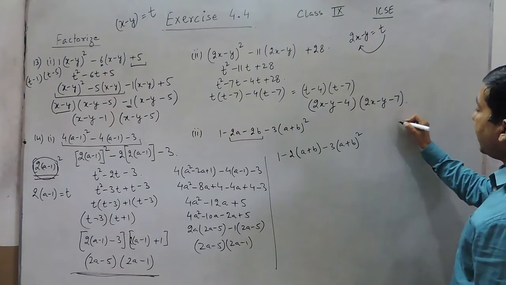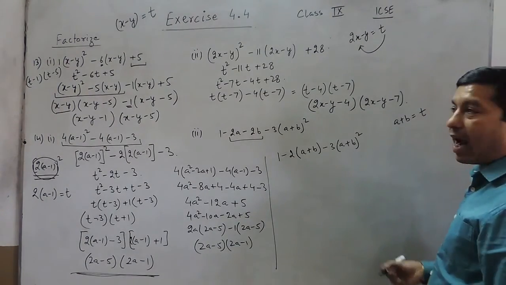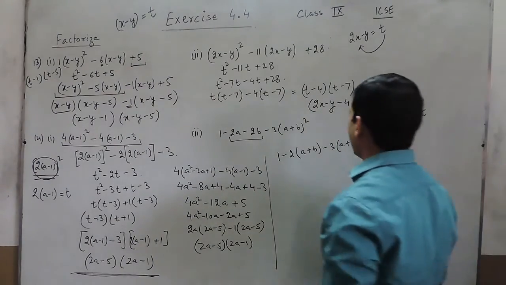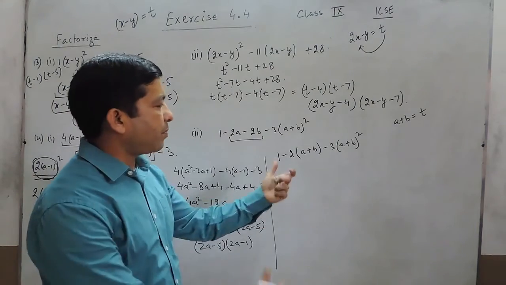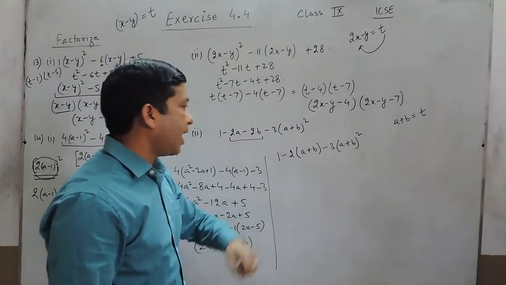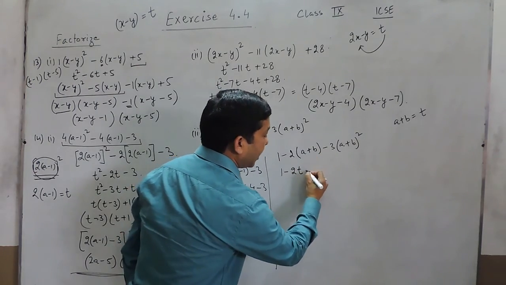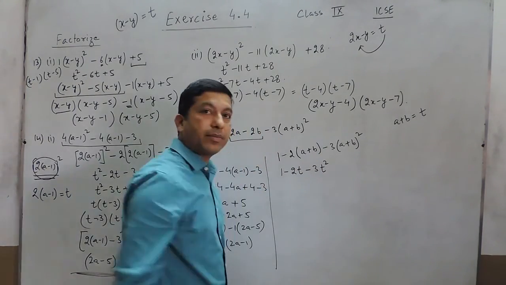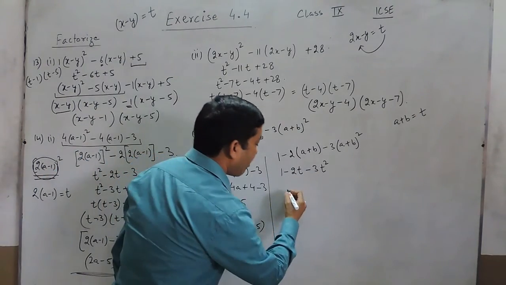I can put a plus b as a value t, as we have already done in certain questions, or I can keep on writing a plus b and a plus b till the end. So I can write it as 1 minus 2t minus 3t square. We know the multiplication should be minus 3 and the summation should be minus 2.